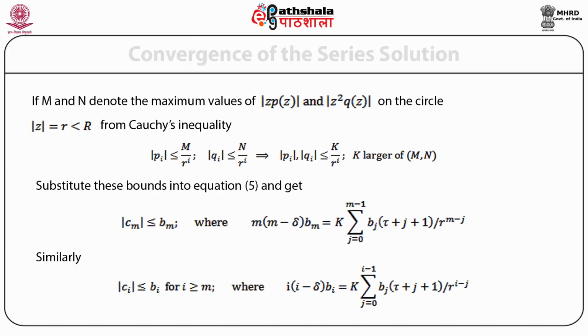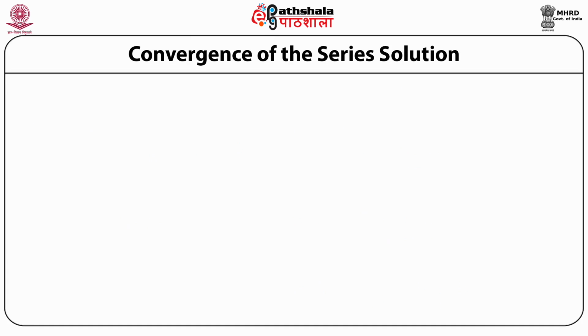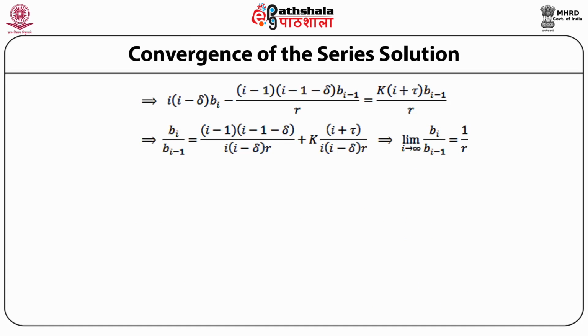j. It follows that Bi satisfy the recurrence relation i times (i minus delta) times Bi minus (i minus 1) times (i minus 1 minus delta) times B_{i-1} divided by r is equal to capital K times (gamma + i - 1 + 1) times B_{i-1} divided by r.